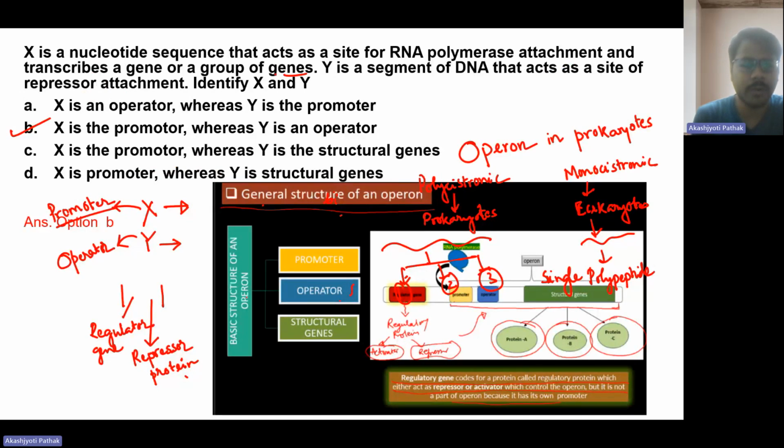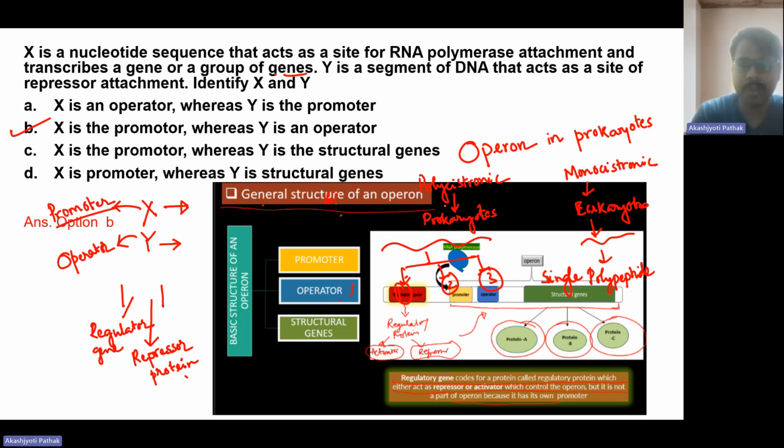The basic structure of an operon is that it has a promoter, an operator, and structural genes. A regulatory gene is not part of an operon, but it is involved in controlling the transcription of genes which are a part of an operon.